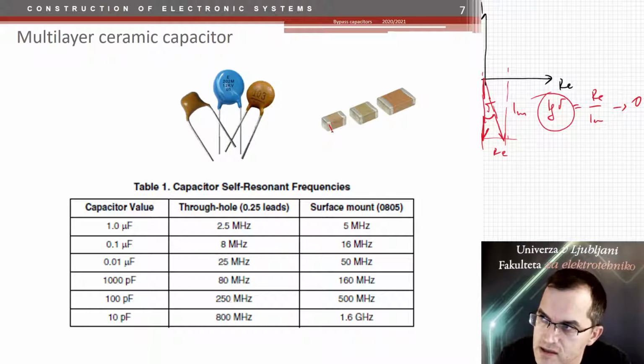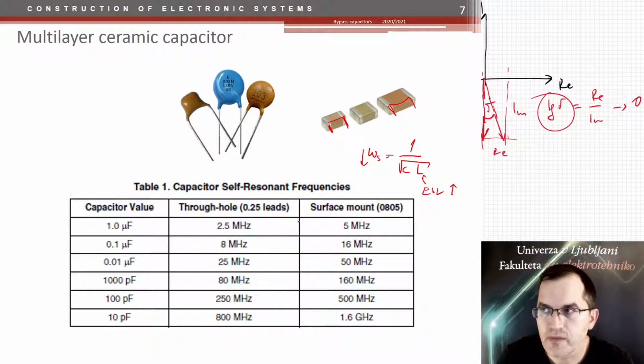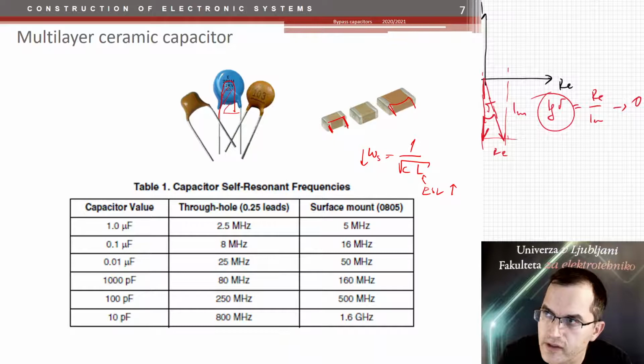The loop size is defined by the length of the capacitor, and larger capacitors have also larger equivalent series inductance. And since the resonance frequency is 1 over square root of CL, if this equivalent series inductance goes up, the resonance frequency goes down.